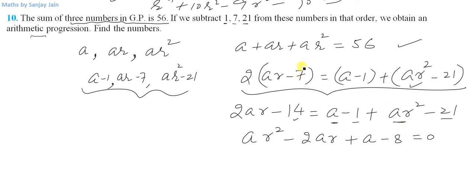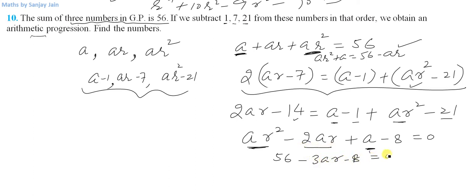Right? And one more thing that I notice, AR squared plus A, I can replace this by 56 minus AR. So if I do that, it will become 56 minus AR minus 2AR, so minus 3AR in total, and minus 8 equal to 0.